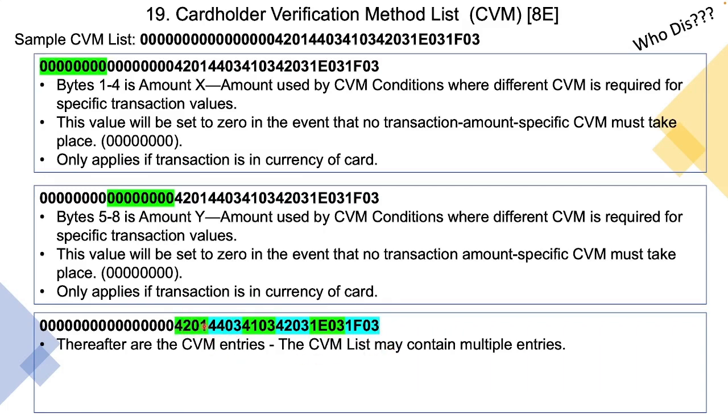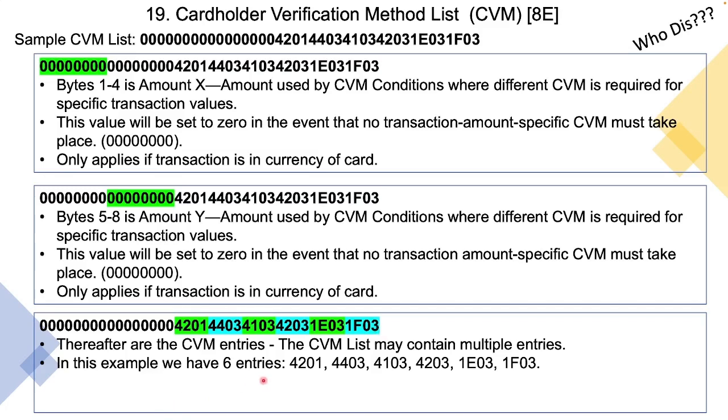Each of these blocks is known as a CVM entry, and your CVM list may have multiple entries. In our case, we know that there are 6 entries in here. The 6 entries are 4201, 4403, 4103, 4203, 1E03, and 1F03.